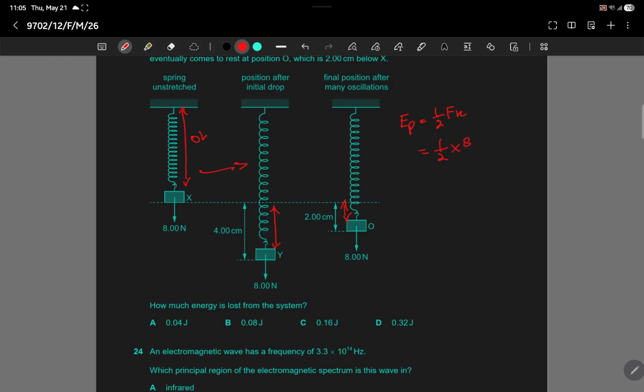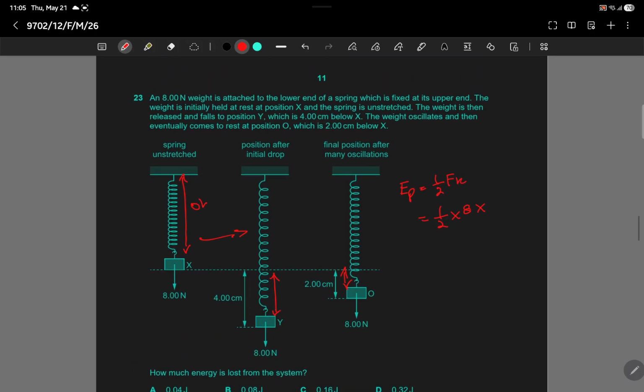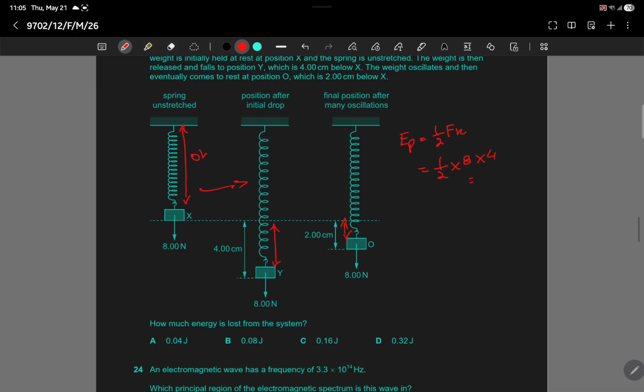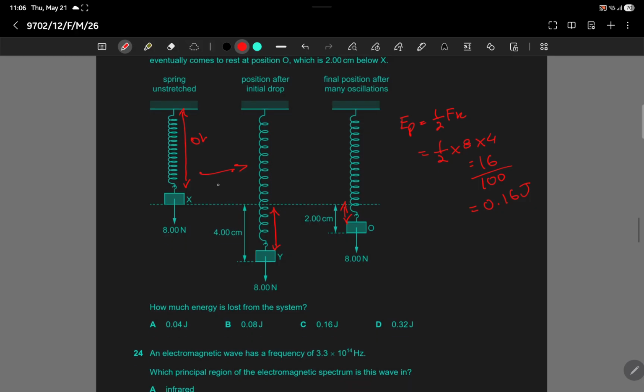Force is 8 newtons, the extension is 4 centimeters, which comes out to be 16, but we have to divide this by 100 because it is in centimeters. 0.16 joules. So from here to here, it's 0.16 joules gained.